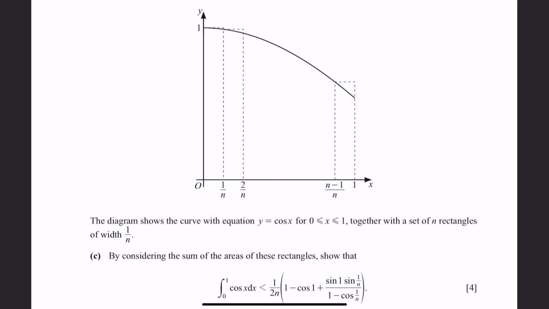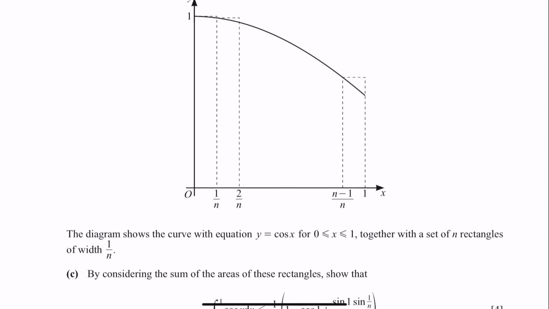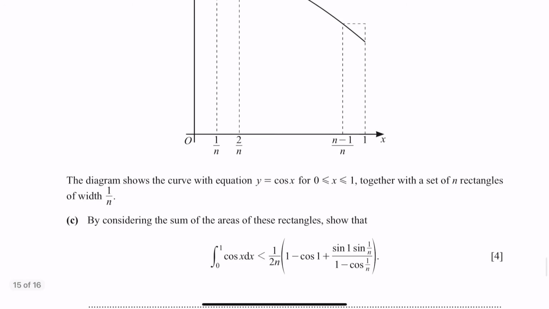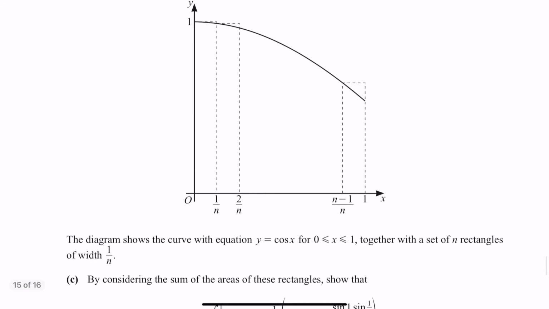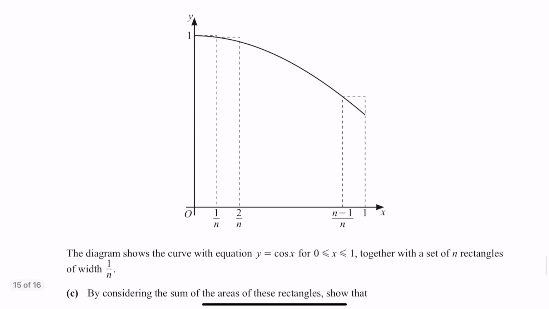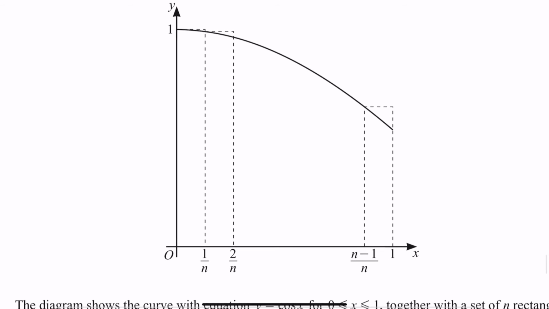For part C, it's about integration and the sum of rectangles. So by considering the sum of the areas of this rectangle, show this inequality. So the rectangles are drawn here. So the width of each rectangle is 1 over n.